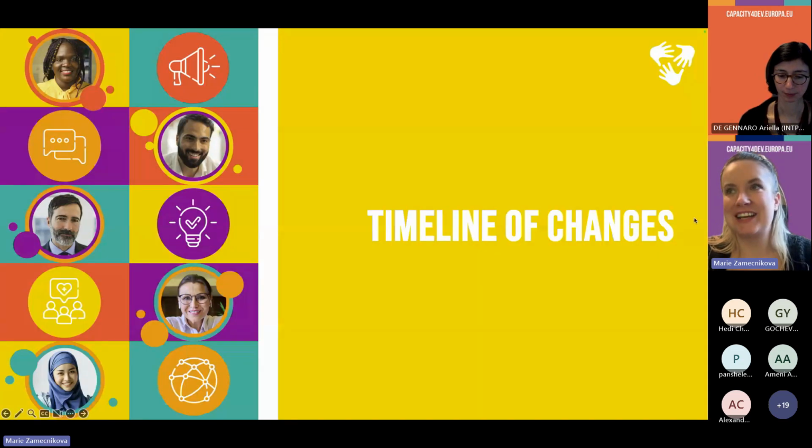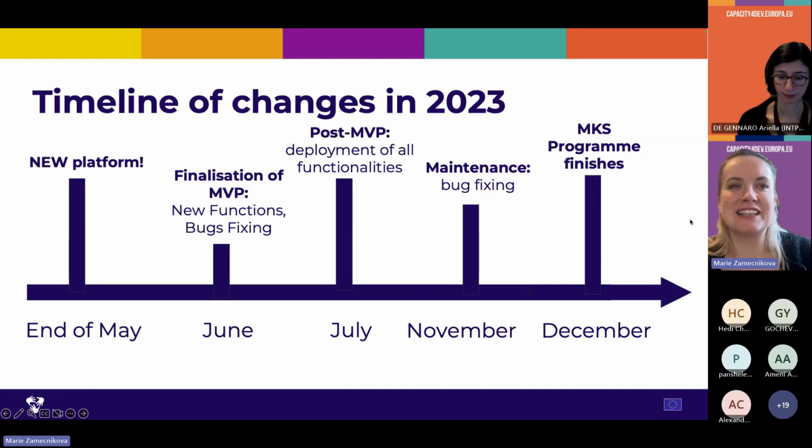So let's start with the timeline of changes. As I said, at the end of May we started with the new platform, and it has been a real roller coaster journey of different functions as well as bug fixing. We thank you very much for being patient with us.